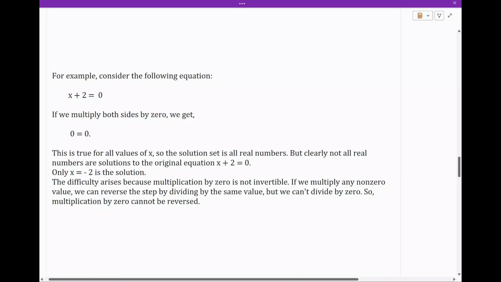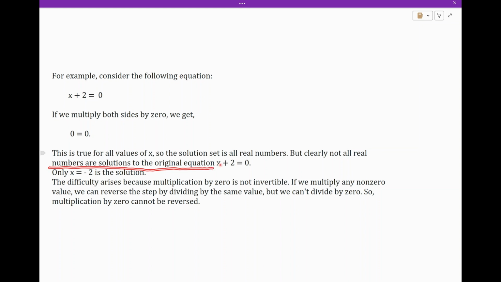For example, consider the following equation: x plus 2 is equal to 0. If we multiply both sides by 0, we get 0 is equal to 0. This is true for all values of x. So, the solution set is all real numbers. But clearly, not all real numbers are solutions to the original equation x plus 2 is equal to 0.